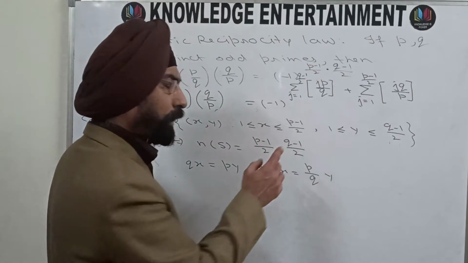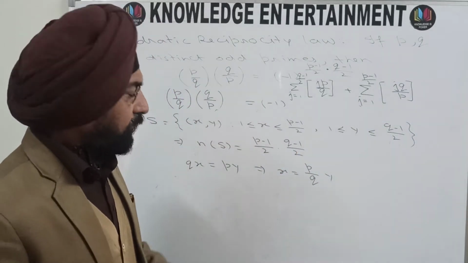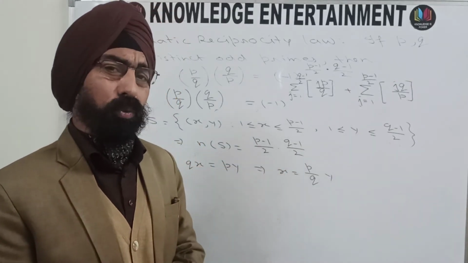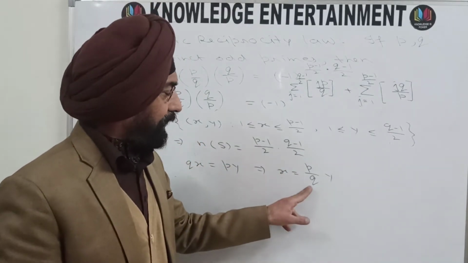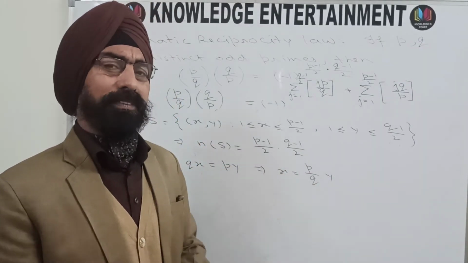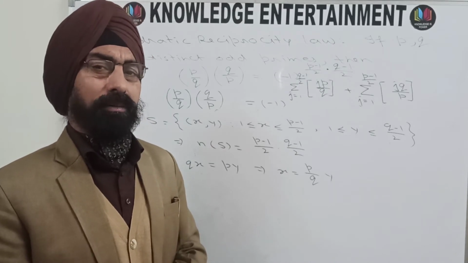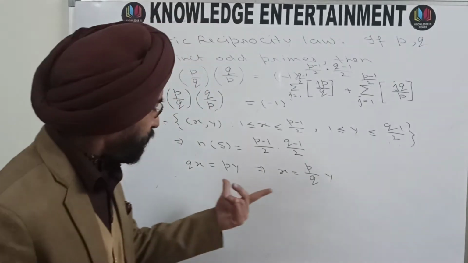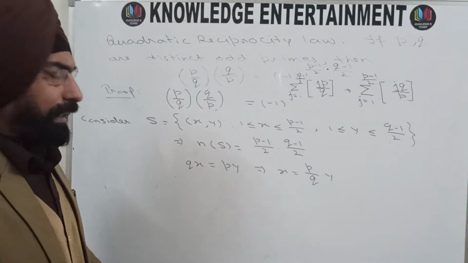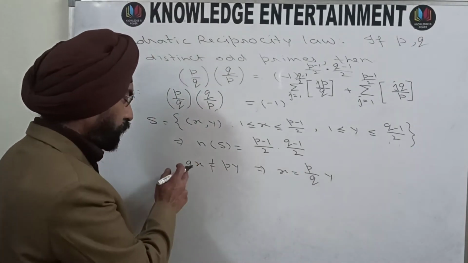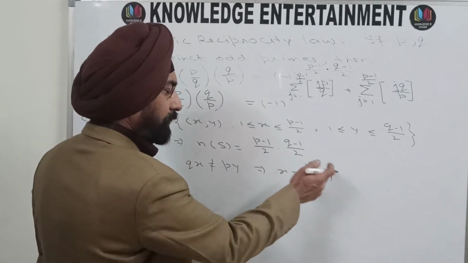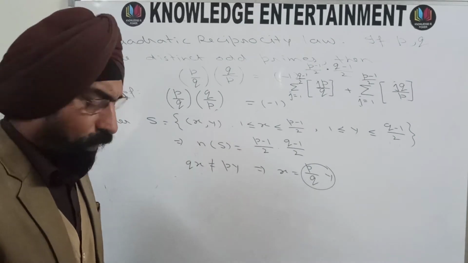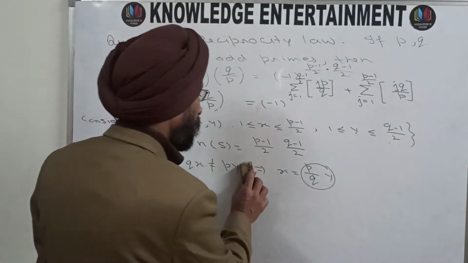Also, y upon q cannot be an integer, because y is less than (q-1)/2, and a number less than q cannot be divisible by q, because q is an odd prime. So qx cannot be equal to py, because if it were, this would have to be an integer, which is not possible.